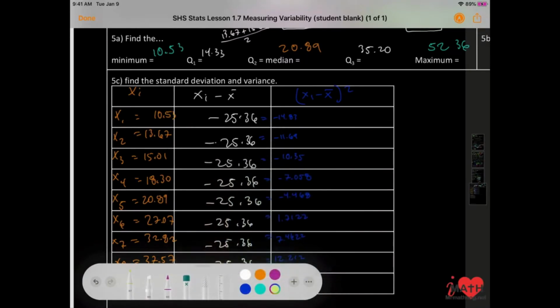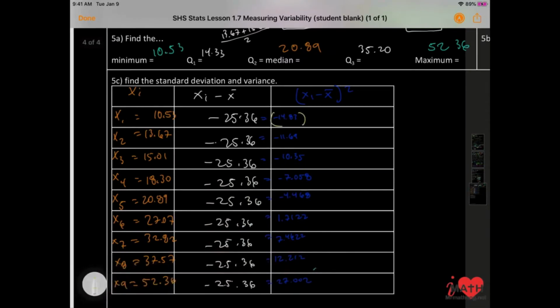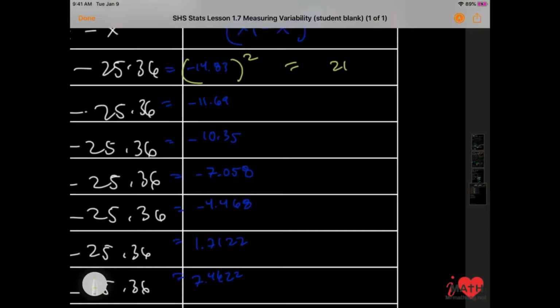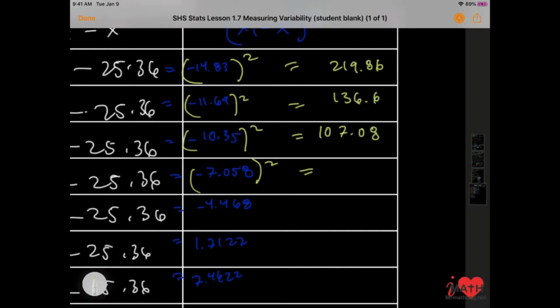All right, so if I square these numbers, take negative 14.83 and square it, you're going to get some bigger numbers. 219.86, 136.6, square that, you're going to get 107.08. Square this one, you will get 49.812.